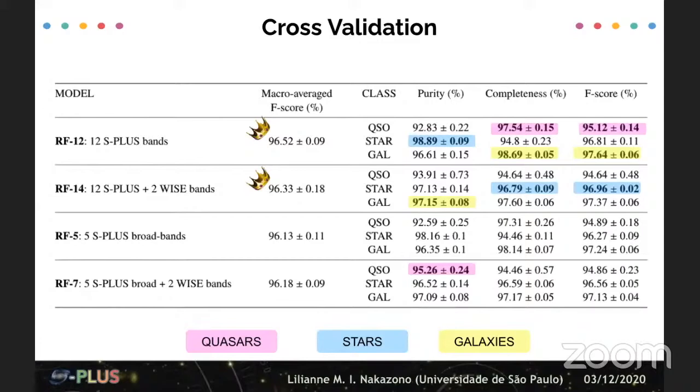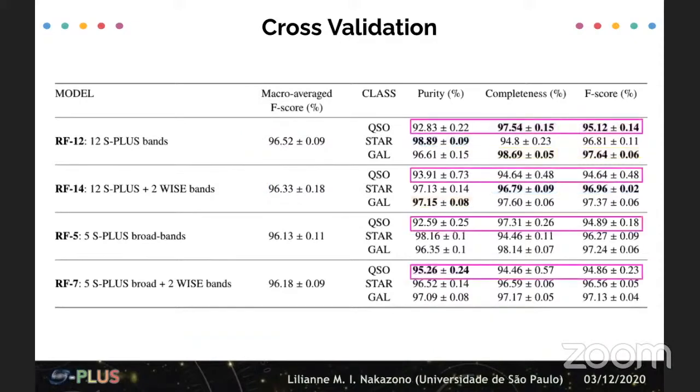So if we have two models with similar performances, we would choose the one that can be applied to more objects, of course. In this case, we would choose the model that includes the 12 S-PLUS bands. But if we now look at the classification metrics for quasars specifically, there is not much improvement. It actually seems that all models lead to similar performance, at least in terms of F-score.